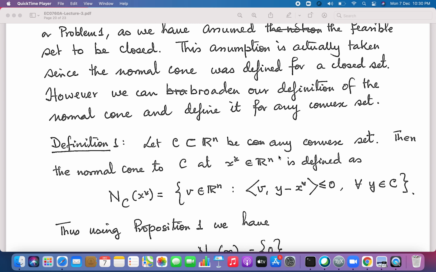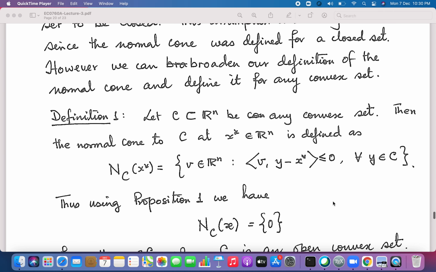It should be x star is in C. Then N_C(x star) is the set of all v for which the vector v makes an obtuse angle with the vector y minus x star. The inner product is less than or equal to 0 for every y in C. This is just that same definition, but turned on for just a convex set. It could be open, closed, doesn't matter, anything. Obviously if x star is not in C, we will define N_C(x star) to be an empty set.